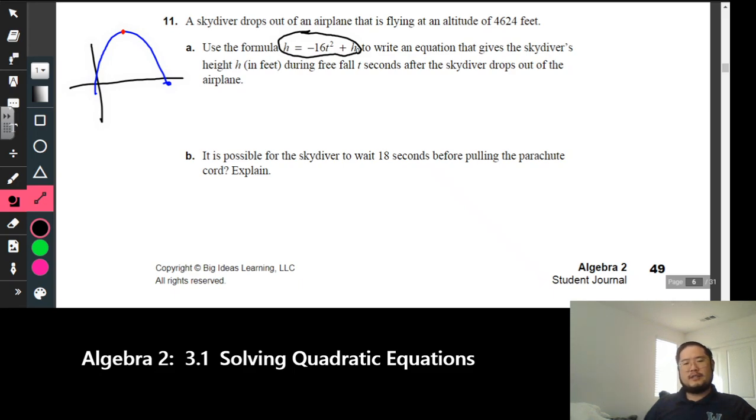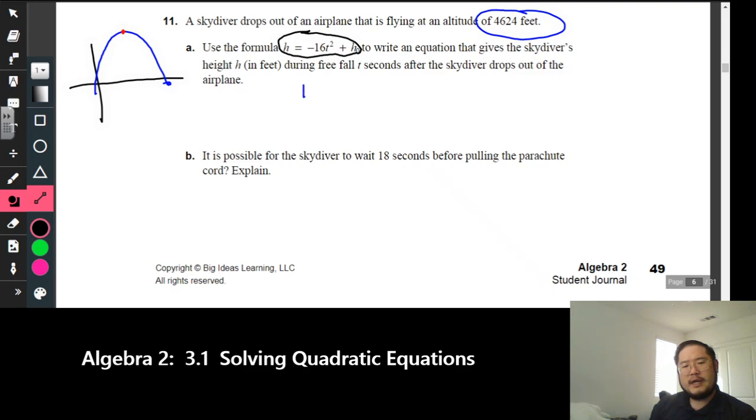or quadratic function. Okay, so it says use that formula, which gives the skydiver's height h during the free fall t seconds after the skydiver drops out of the plane. So I know right here that they gave us an altitude of 4,624 feet. So we have to figure out where that belongs in my equation.